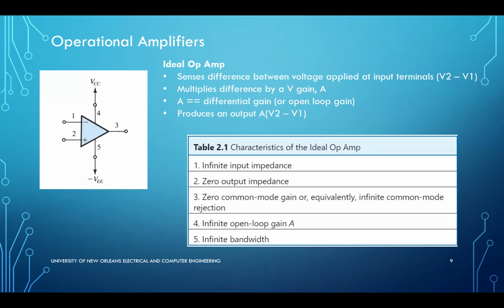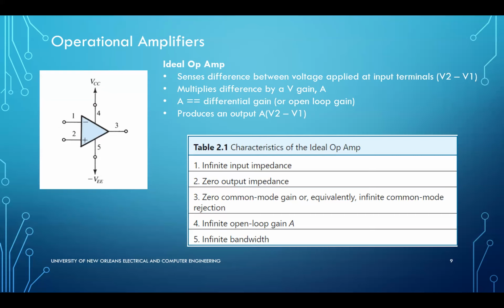But an operational amplifier is an integrated device, an integrated circuit. And it basically has five connections. Two of the connections are the inputs. There are 2 inputs, 1 output, and 2 supplies. It needs power supplies to work, okay? That's the basic idea, that it needs power to do what it's going to do.